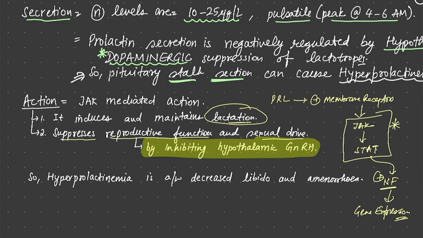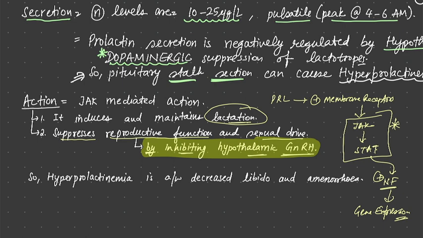So at that time the lactation will continue, but sexual drive and reproductive function will decrease on their own. How does it decrease? By inhibiting hypothalamic gonadotropin releasing hormone. It inhibits the hypothalamus from stimulating the secretion of LH and FSH. LH and FSH are required for sexual function, so there will be stoppage of sexual function.